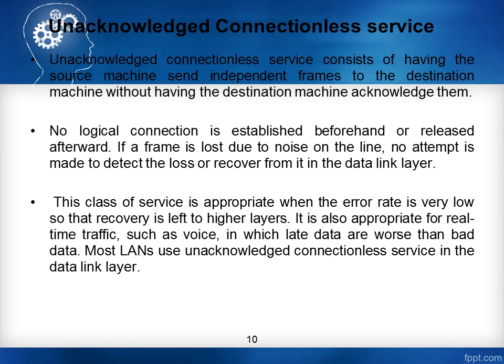If a frame is lost due to noise on the line, no attempt is made to detect the loss or recover from it. This class of service is appropriate when the error rate is very low, so that recovery is left to the higher layers. It is also appropriate for real-time traffic such as voice, in which late data is worse than bad data.